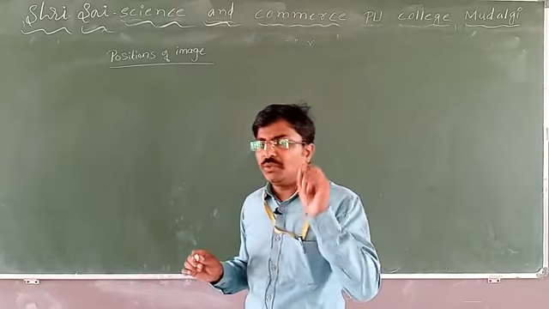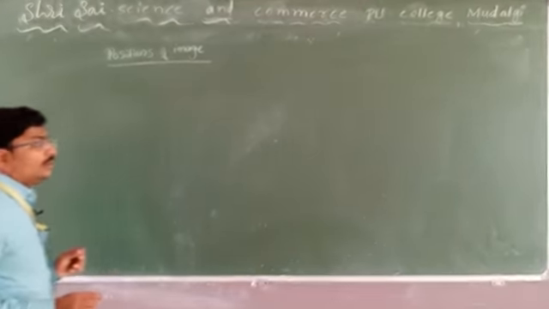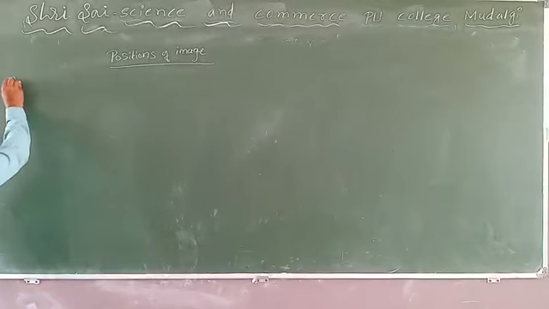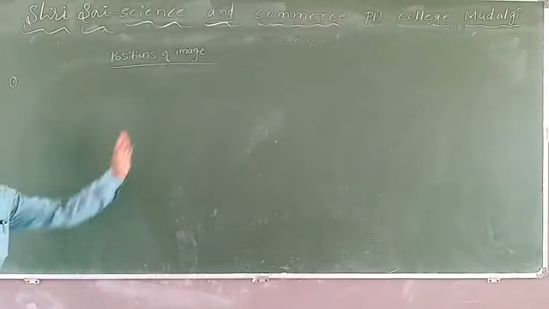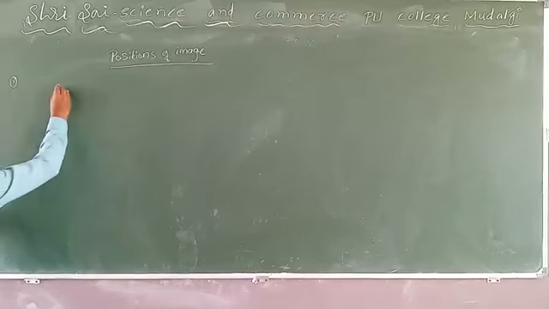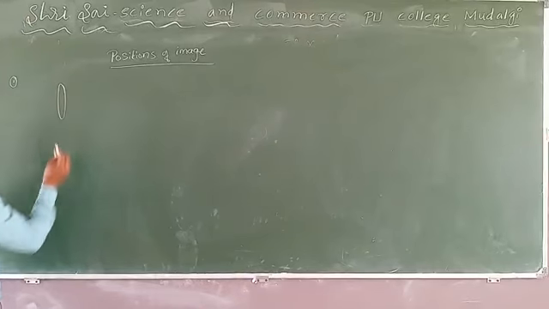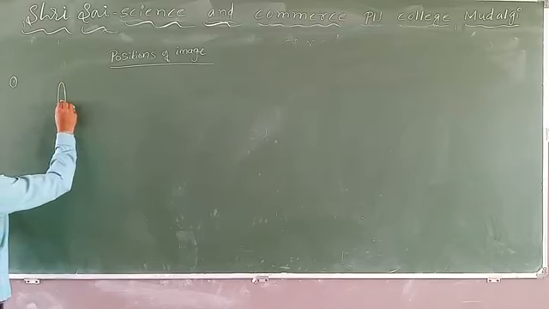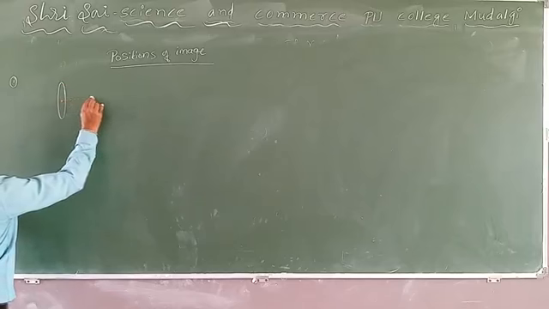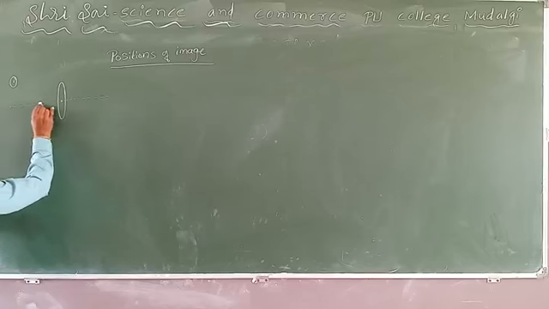So don't neglect it. First I consider the case for a convex lens, then I will go to the concave lens. This is a convex lens. This is the principal axis.